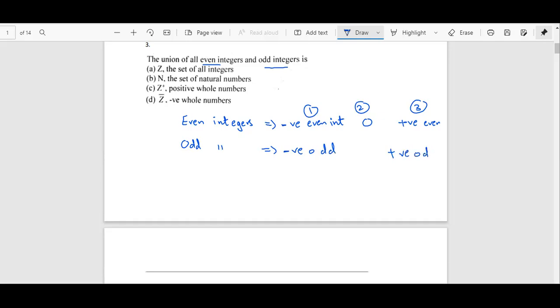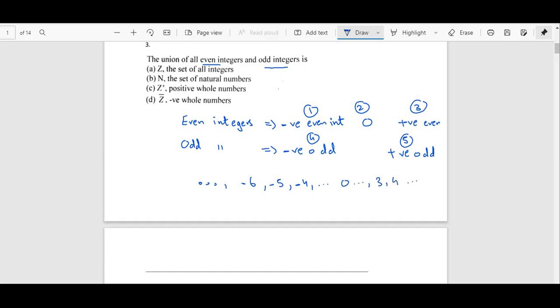So if I simply think of all these numbers together, it is going to be -6, -5, -4, so on to 0. Then we are going to have 1, 2, 3, 4, and so on, right?